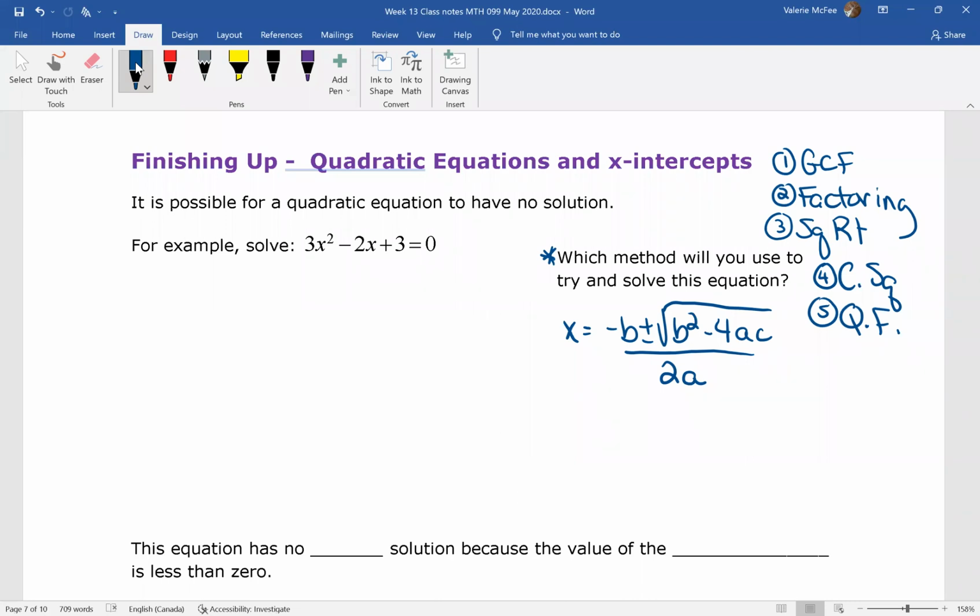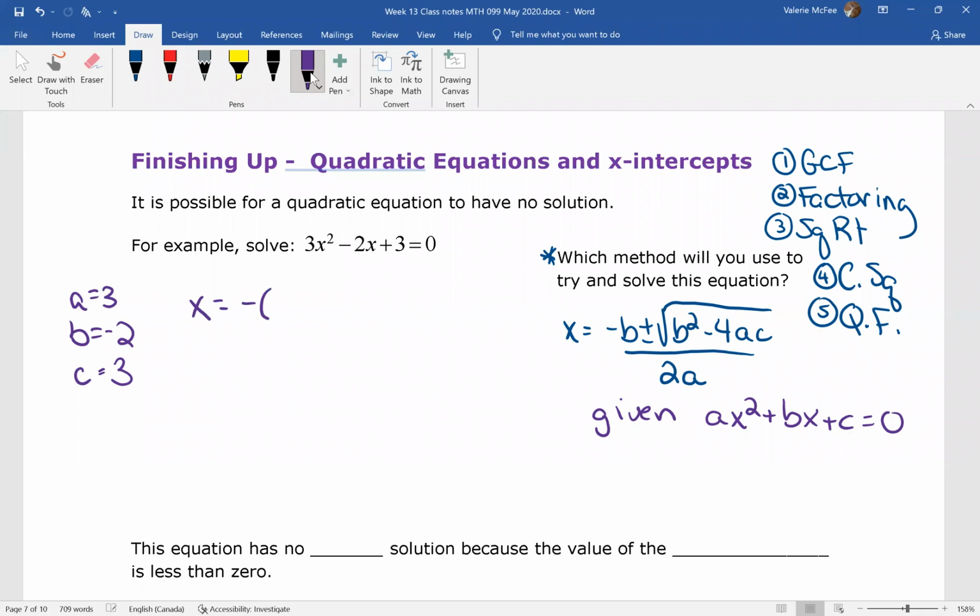All right, so we know that we need to find A, B, and C. A is 3, B is -2, and C equals 3. Remember, for this formula, you have to be given your equation in standard form. So now we can plug our values into the formula.